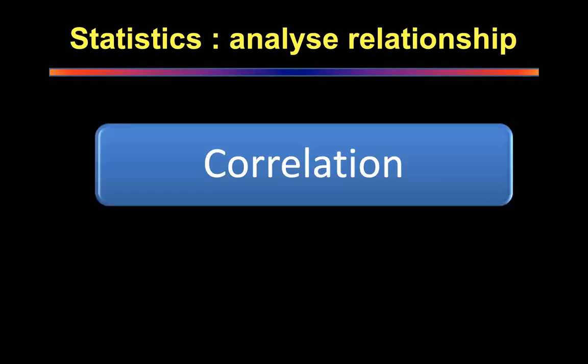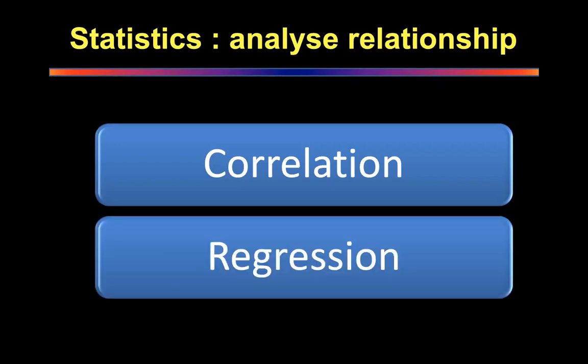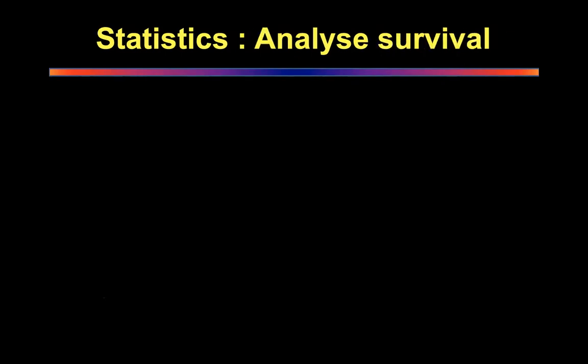How do you analyze a relationship between A and B? If there are two factors, two continuous variables, how do you analyze whether A is related to B? A difference in A makes a difference in B: correlation. And how do you specify that relationship? Regression, okay? So this is how you analyze relationships. The next one is, how do you analyze survival?